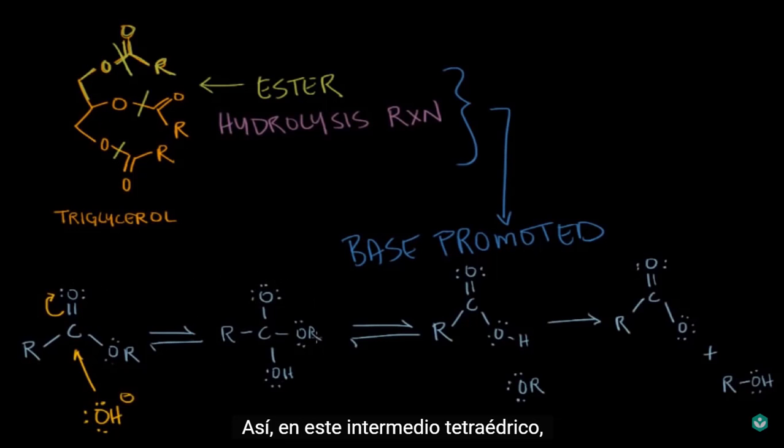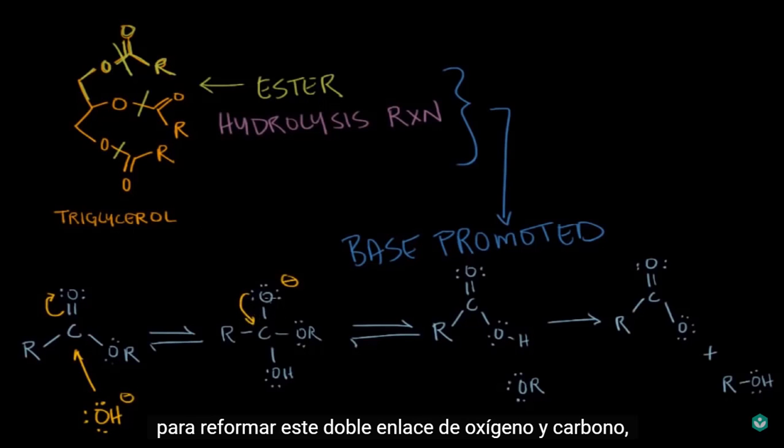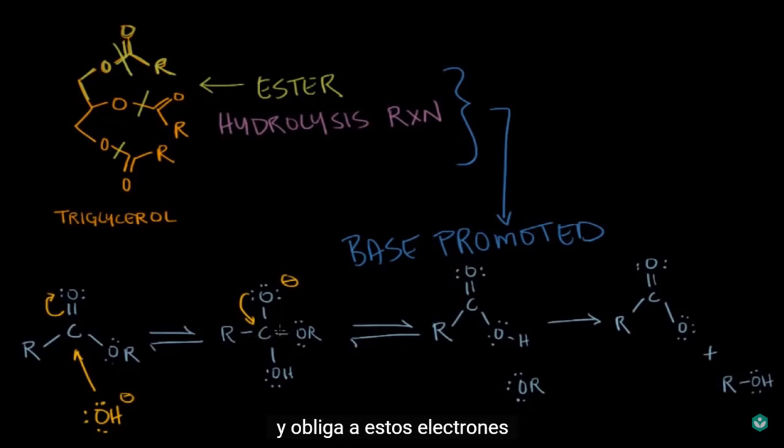So in this tetrahedral intermediate, we end up with an anion on this oxygen.